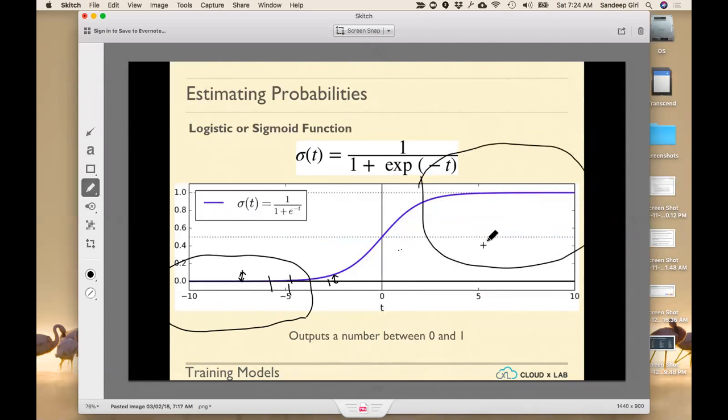So it's quite decisive when it comes to converting a decimal number into something between 0 and 1. That's the reason why we use the sigmoid function. Question is, are there any other functions that have a behavior close to the sigmoid function? Yes, there could be many other functions that could have a similar behavior.